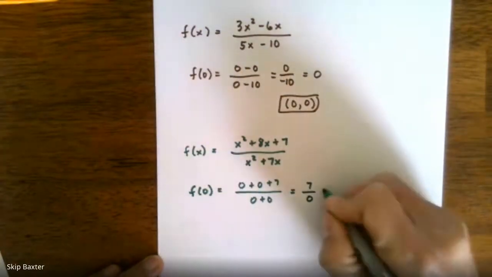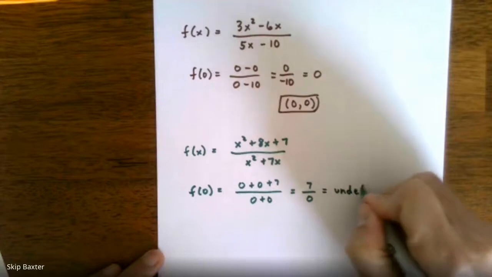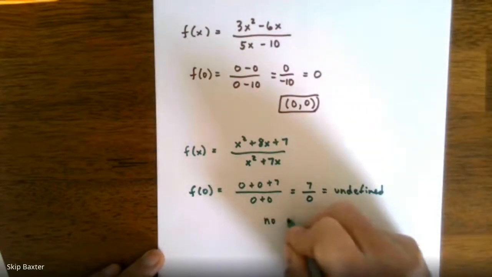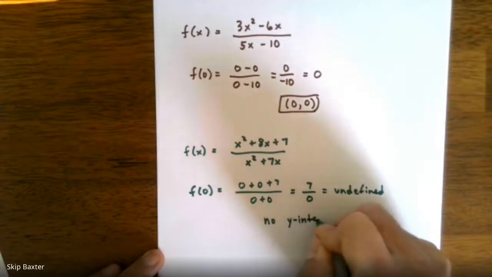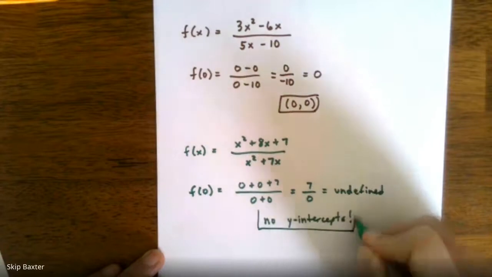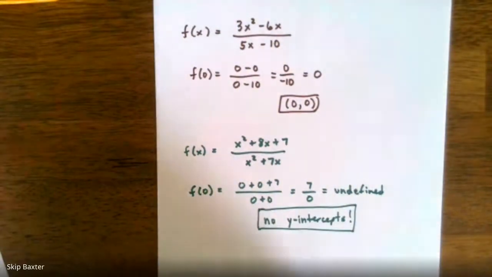This is undefined. So the answer here would be there's no y-intercepts. Wait, other way around. Sorry, that's to find x-intercepts. If you substitute in x equals 0, you don't get a defined number.